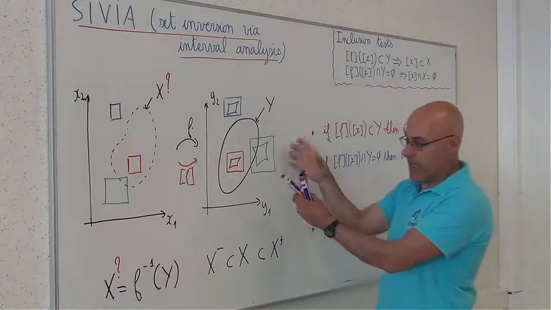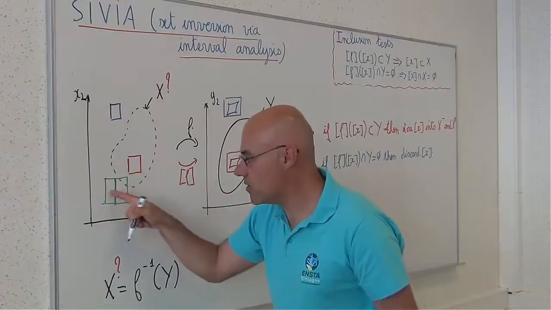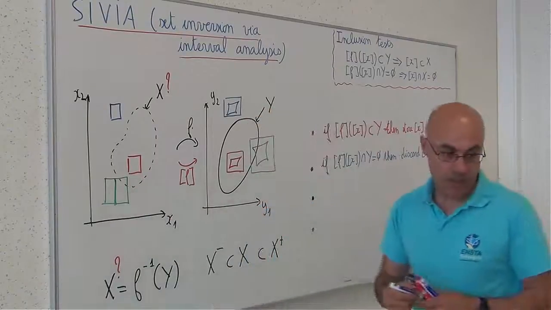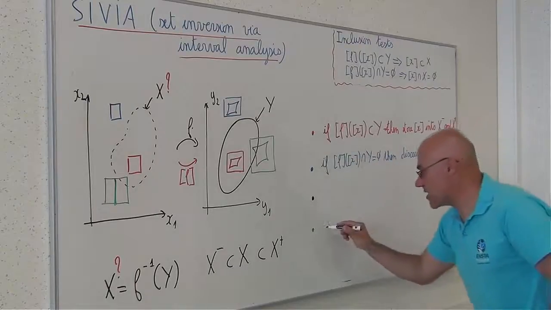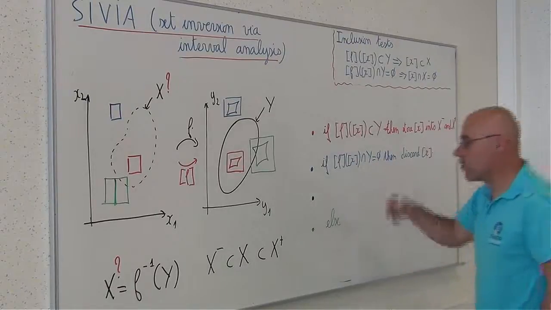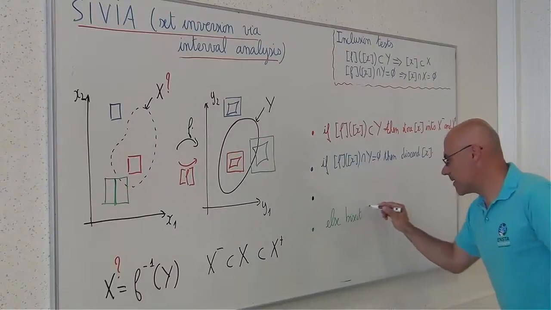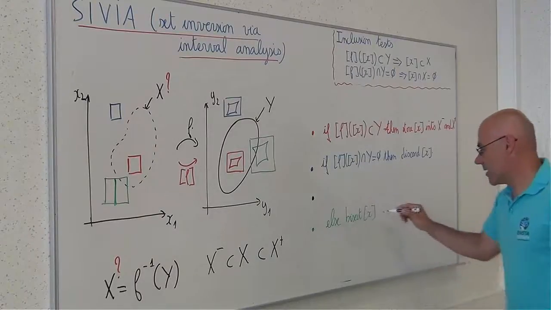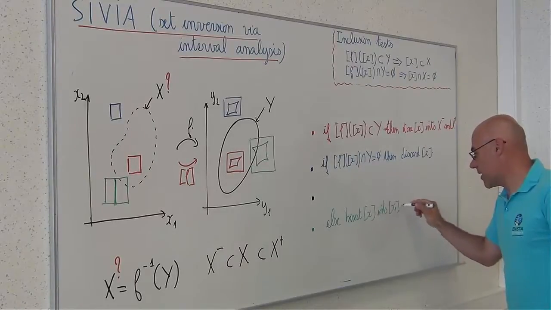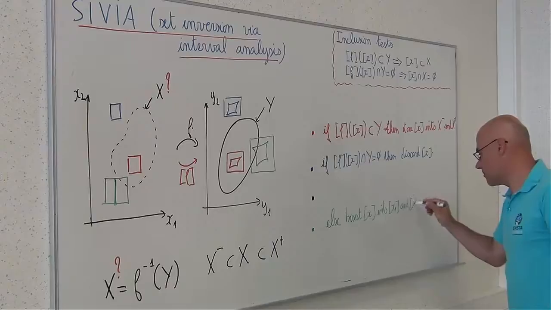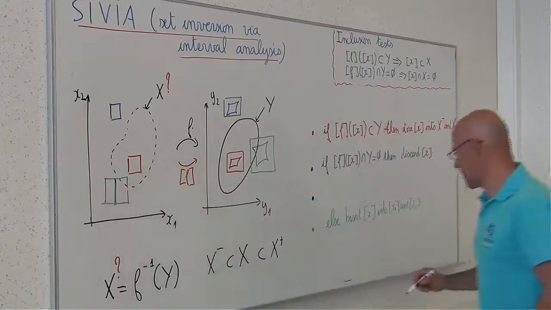In such a case, I will bisect it into two subboxes. So, if these conditions are not satisfied, else I will bisect the box into two boxes, x1 and x2. This is x1, this is x2.